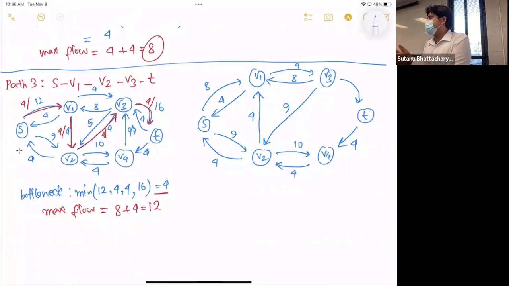What is the remaining capacity? 16 minus 4, 12. And what is the back edge? 8. 4 plus 4, that is 8.